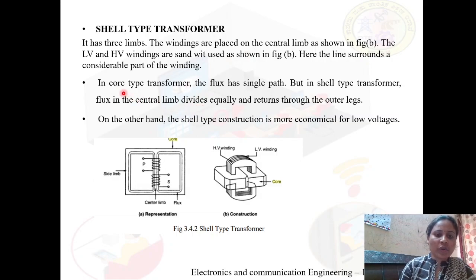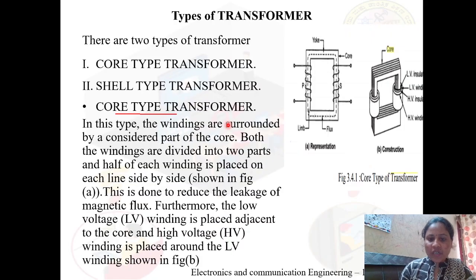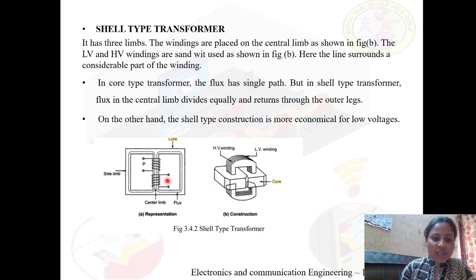One more difference between the core and shell type transformer is that in the core type there is only one path for the magnetic flux. There is only one dotted line we can observe, which is the flux. But in the shell type transformer, we can clearly observe that the magnetic flux gets divided into two paths.